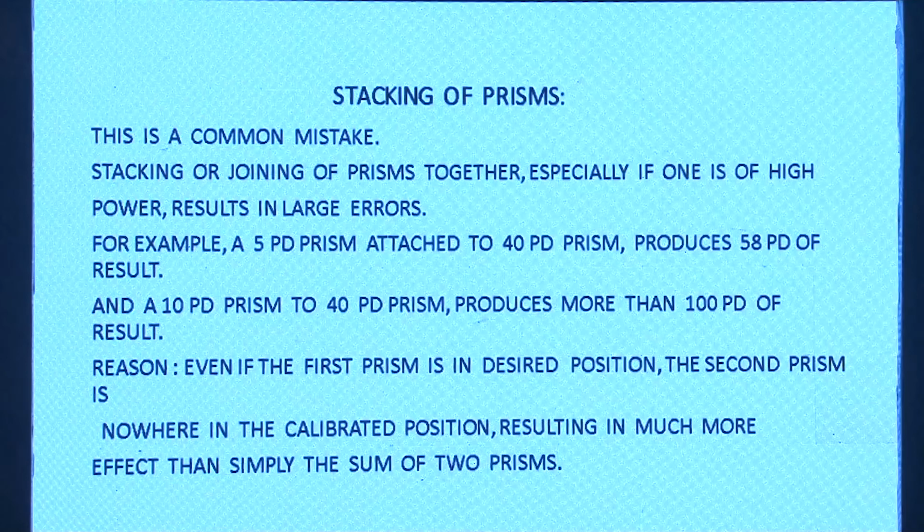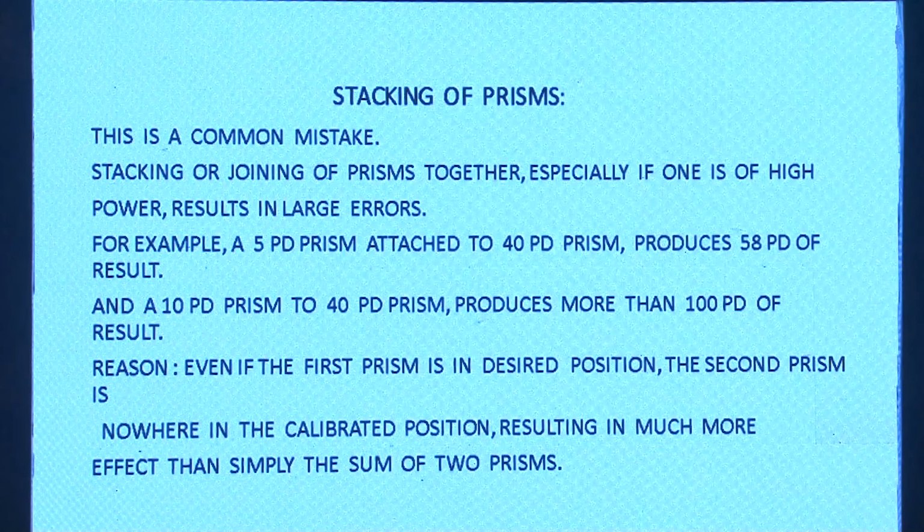You are not able to neutralize by 40, so you put more prism on that. A 5 PD prism attached to a 40 prism produces 58 prism diopters of result. आपने 45 प्रिज्म एक के ऊपर एक अगर स्टैक किया तो आपको रिजल्ट 58 का मिलेगा. And a 10 PD prism attached to a 40 PD prism produces more than 100 PD of result.